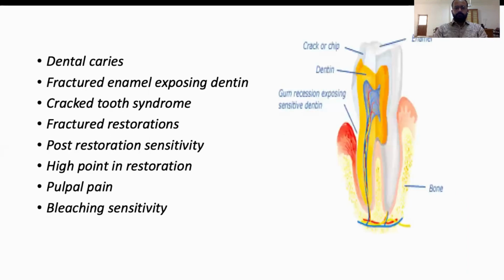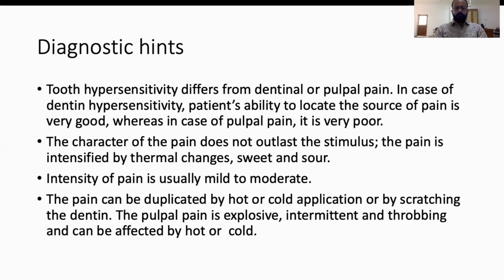This includes dental caries, fractured enamel exposing the dentine, cracked tooth syndrome, fractured restoration, post-restoration sensitivity, high points in restoration, pulpal pain, and bleaching sensitivity. So we have to look for certain diagnostic hints to differentiate between dental hypersensitivity and the rest of the conditions.